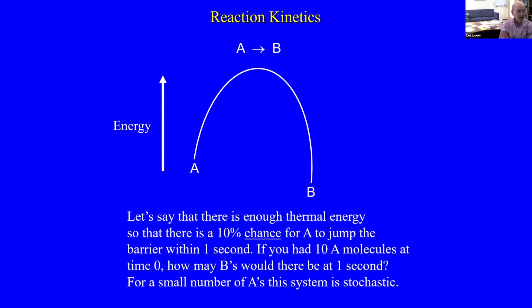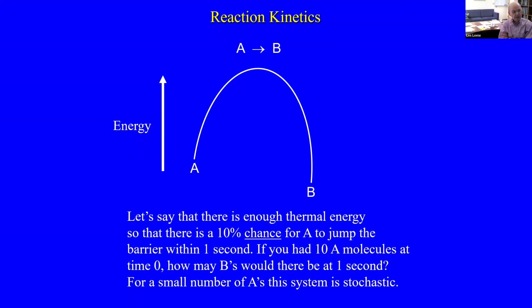So if you had 10 molecules of A at time 0, how many would there be at 1 second? You can all think about that for a second. I don't want you to necessarily give me the answer. I'll give it to you. The answer is that we really don't know how many B molecules there will be, because this is a probabilistic event.